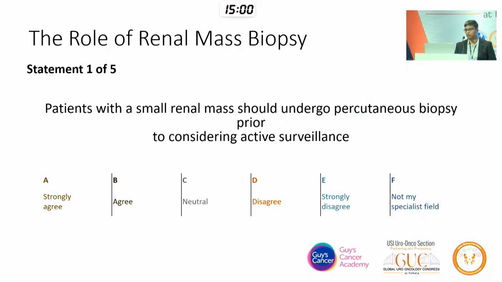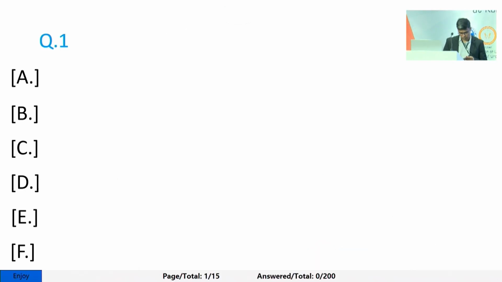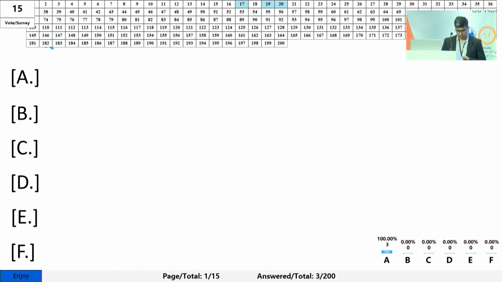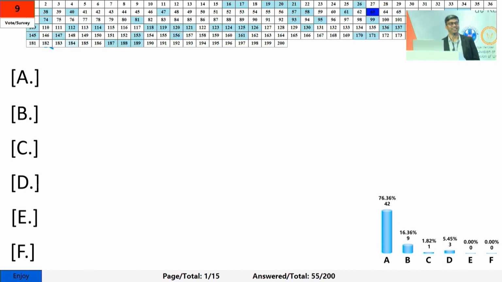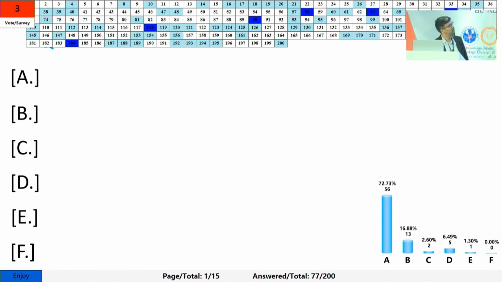So we go to the first question. Can we have it on the screen? Patients with small renal mass should undergo percutaneous biopsy prior to considering active surveillance. And you can see your responses, are they getting recorded or not?